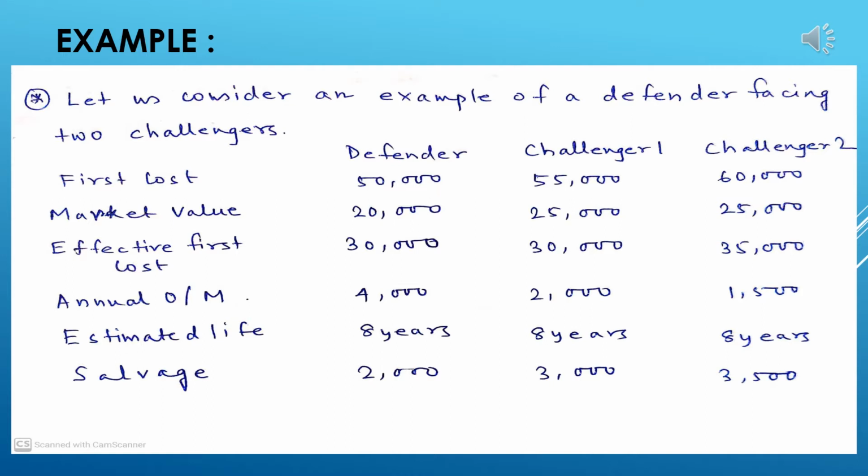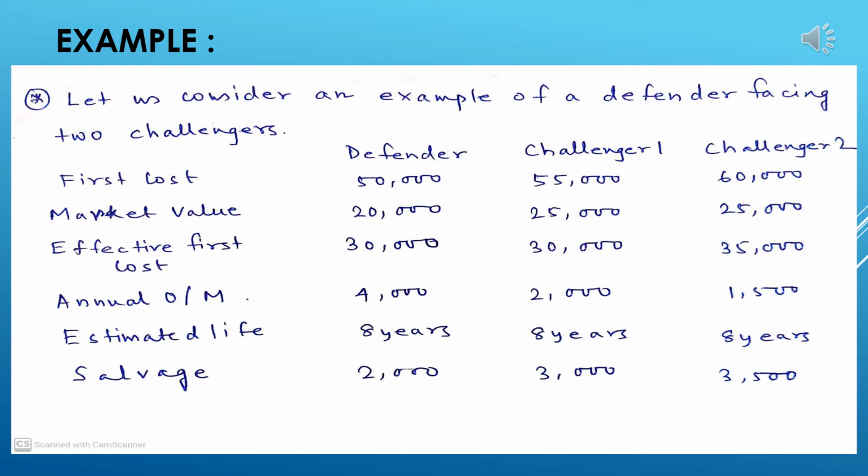So the figures for the Defender are the first cost to be 50,000, the market value to be 20,000, the effective first cost to be 30,000, the annual operations and maintenance cost to be 4,000, the estimated life to be 8 years, and the salvage value to be 2,000.